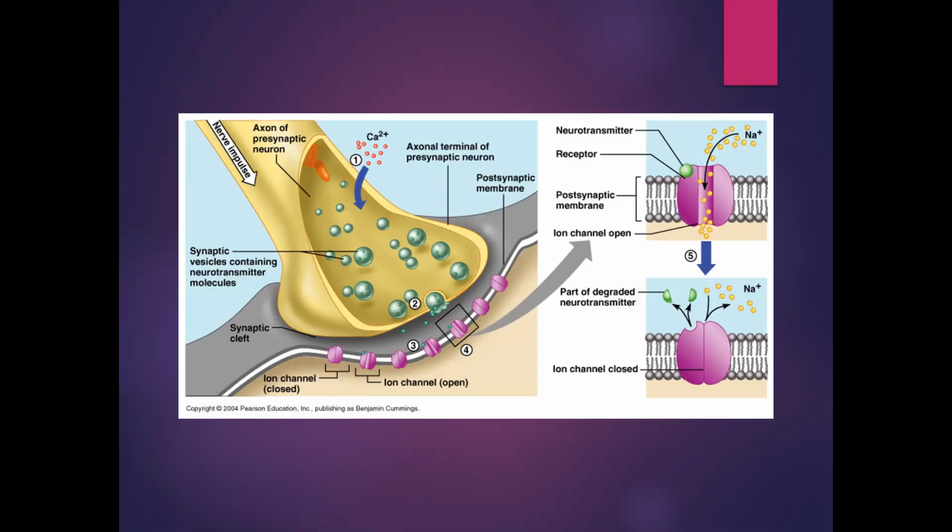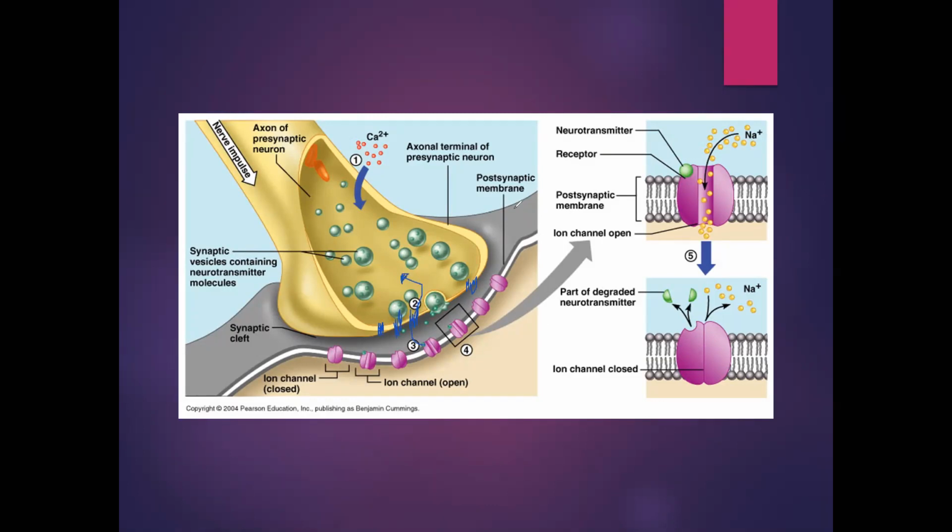There will be receptors for dopamine, serotonin, and norepinephrine, and it'll go back in, we'll recycle it, and it'll be put back into a synaptic vesicle and stored again until it's needed.